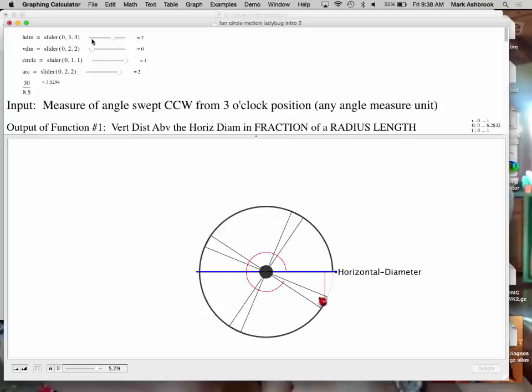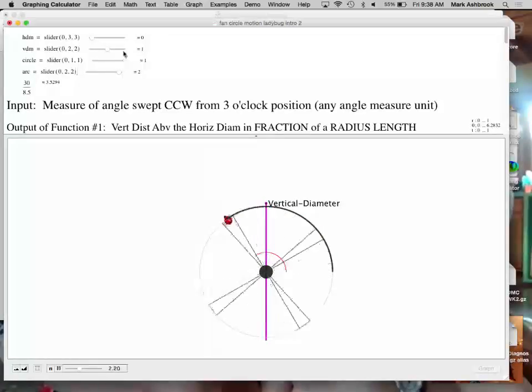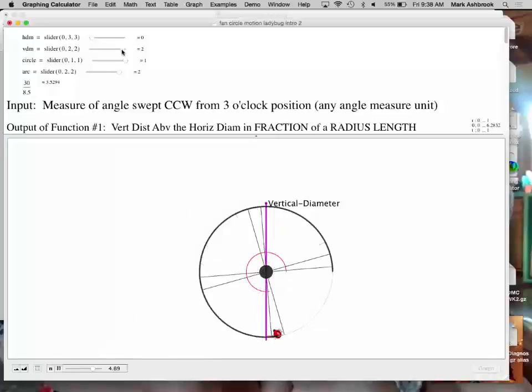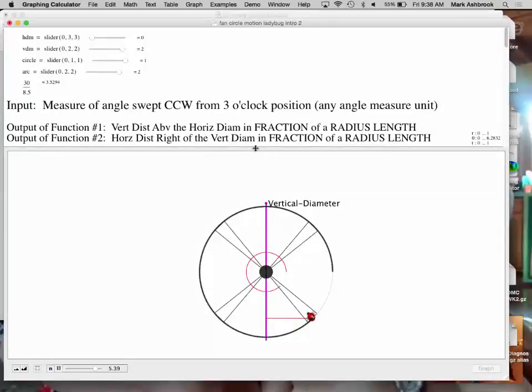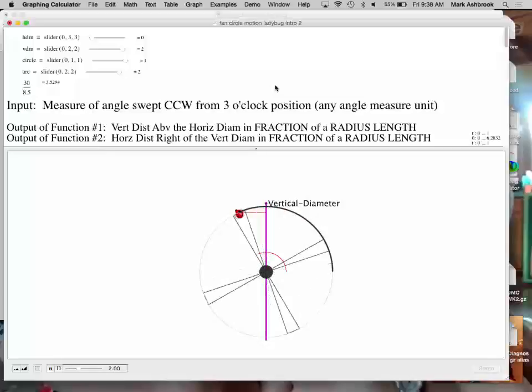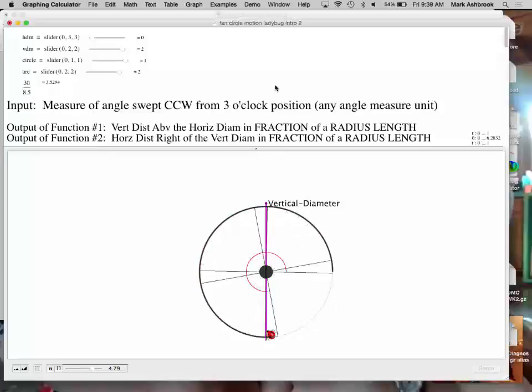Yeah, so we can talk about the vertical diameter, and we can look at the bug's horizontal distance to the right of the vertical diameter, also measured in fraction of a radius length. So that's what I'm showing here. So there's our vertical diameter, and I'm showing with that red horizontal line the bug's horizontal distance to the right of the vertical diameter.